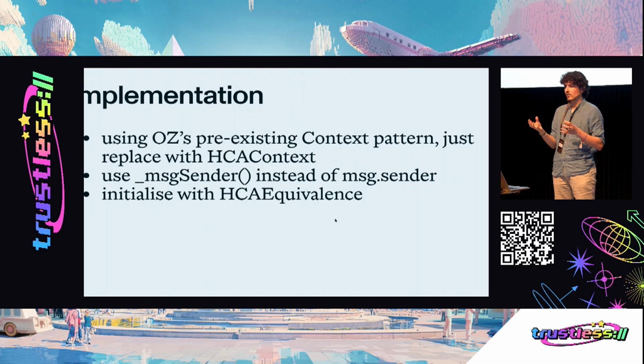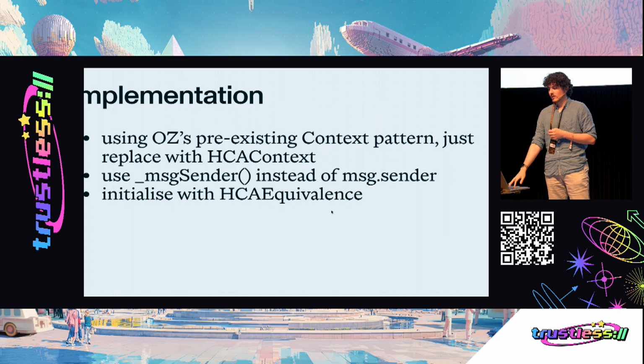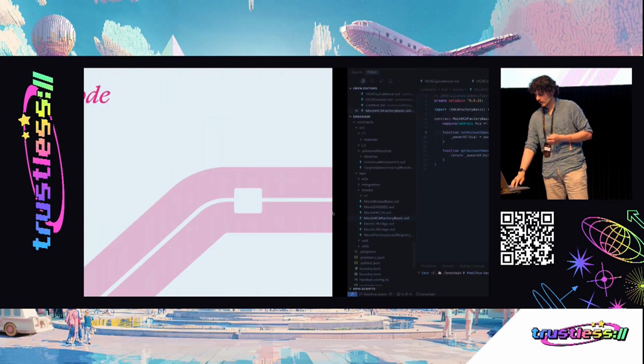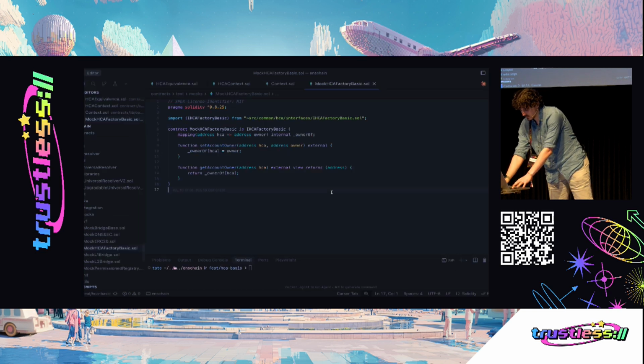And then once you're part of that ecosystem, you get all of the same benefits that all of our protocol contracts are going to get as well. That's not something that I included here, but all of our protocol contracts will recognize HCAs just as they would recognize accounts. And so you just need to initialize it with HCA equivalents, which again, I'll show you in a second. So let's look at some code. Let me just enlarge this a little bit.